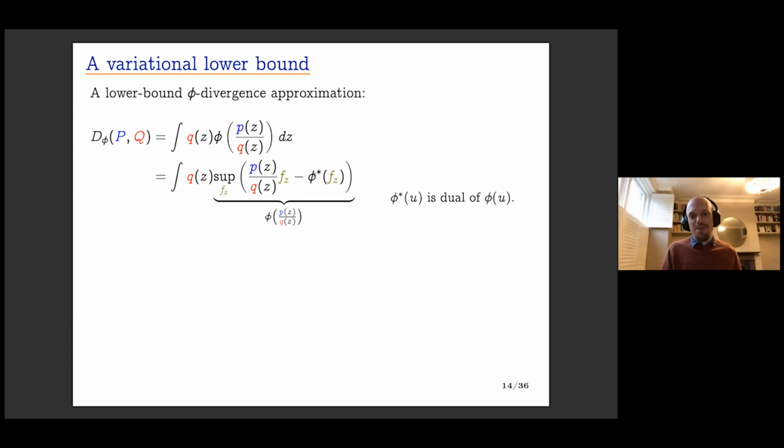So basically phi star takes the slope, draws a tangent line to phi where it has that slope, and computes the negative intercept. And if phi is strictly convex, then the slope-intercept form uniquely characterizes phi, because the slope uniquely determines the intercept for a strictly convex function.